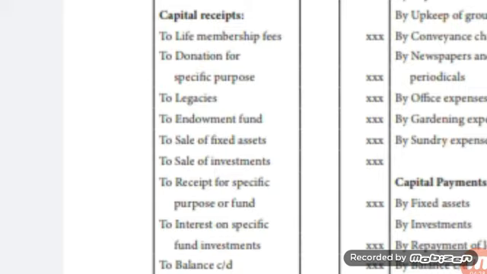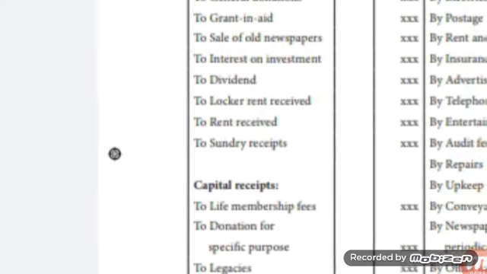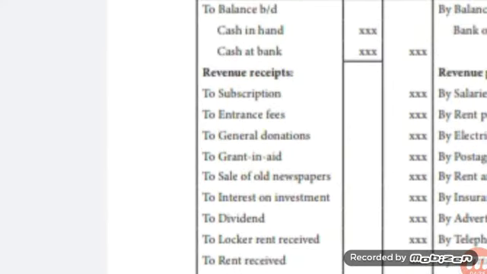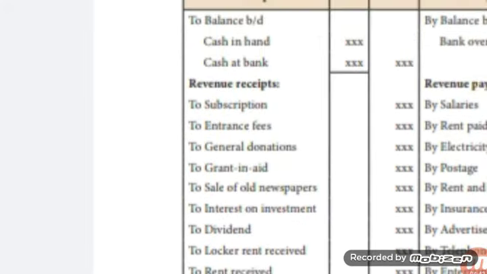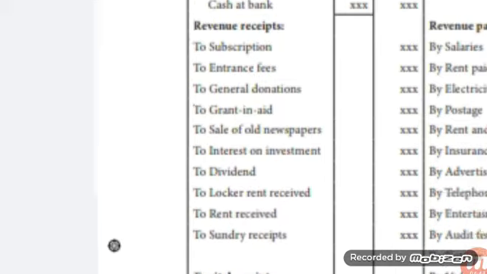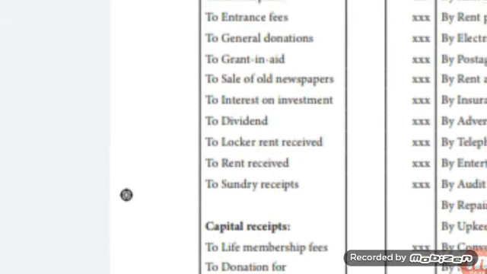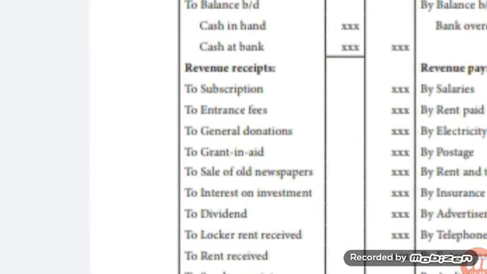Record all cash receipts during the year on the debit side under appropriate headings. That means revenue receipts and capital receipts. There is a chance of questions asking you to write some revenue receipts or some capital receipts. What are the revenue receipts?